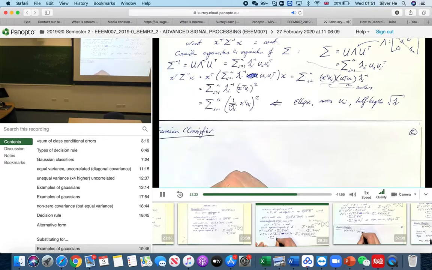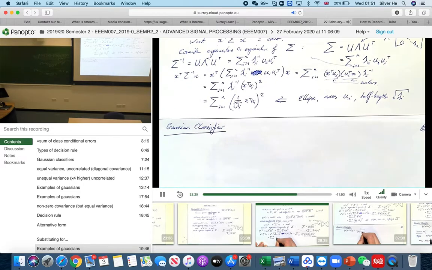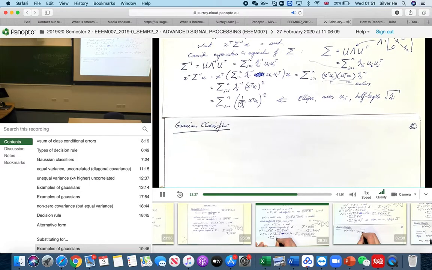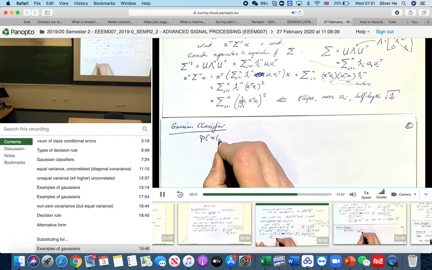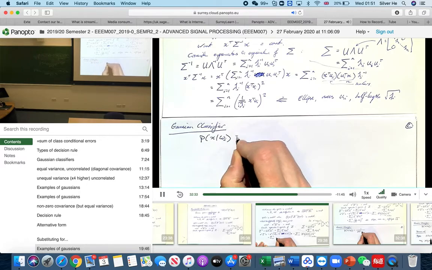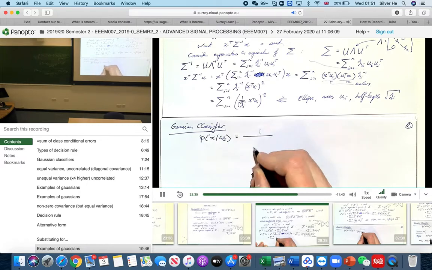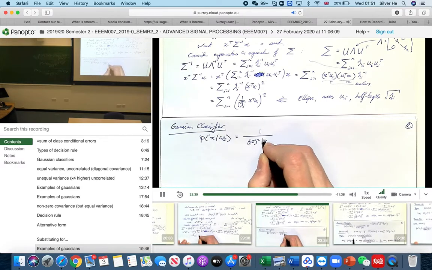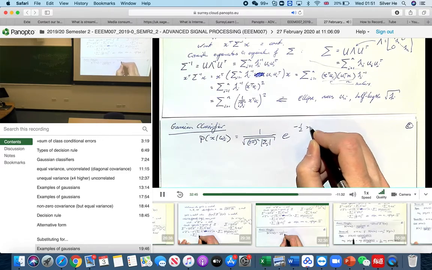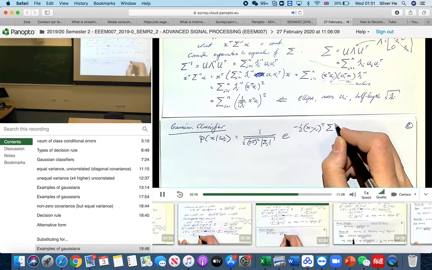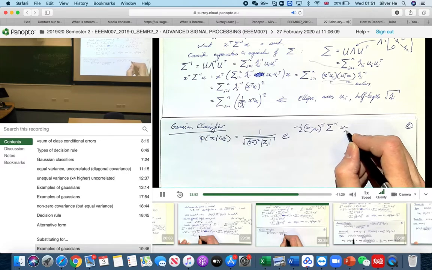Okay, we're going to start again with our P of x given omega i is 1 over square root of 2 pi to the n determinant of sigma i, or square root of that, e to the minus a half, x minus mu i transpose sigma to the minus 1, x minus mu i.